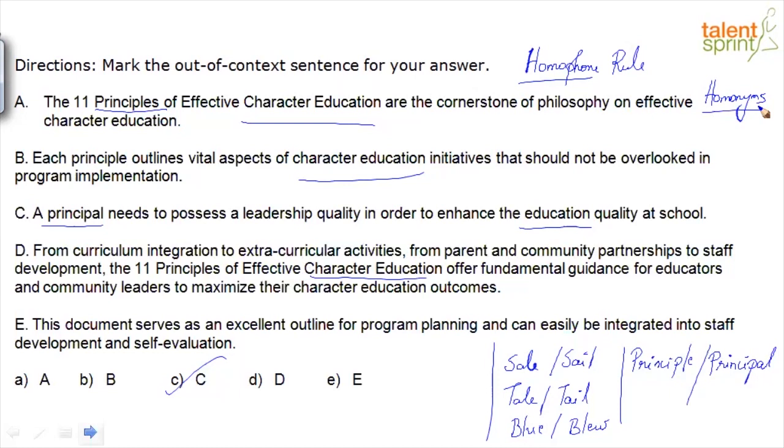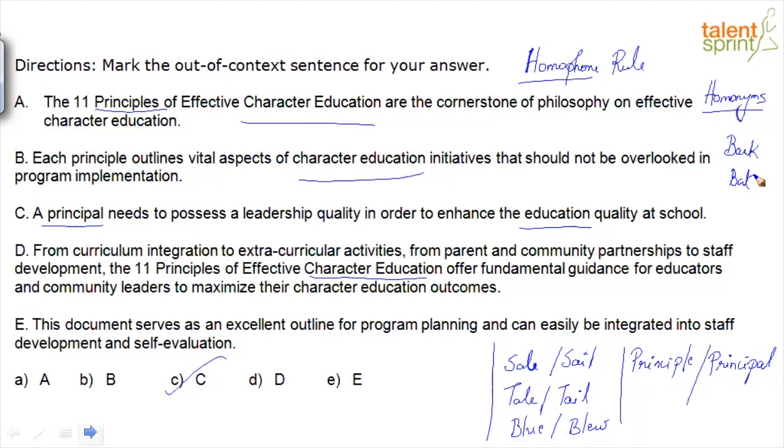Homophones have different spelling, different meaning, but they sound the same. Homonyms have the same spelling and the same pronunciation, for example, bark, right? Bark of a tree versus a dog barking. Or bat, the creature in the night, and our cricket bat, right? So don't get confused between homophones and homonyms, right?